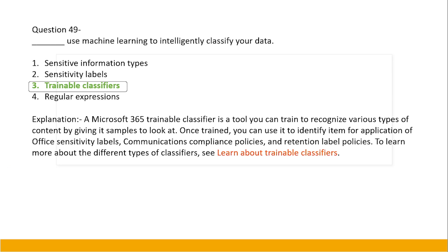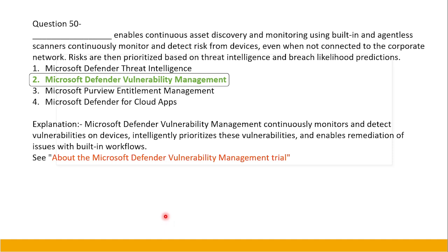Okay, moving on to the last question, that is question number 50. Enables continuous asset discovery and monitoring using the built-in and agentless scanner to continuously monitor and detect risk from devices even when not connected to the corporate network. Risks are then prioritized based on threat intelligence and breach likelihood predictions.